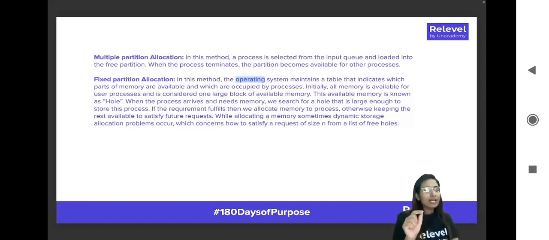Here the allocation is done dynamically, where the size of the partition is not declared in the start. Whenever a process arrives, a partition of the size equal to the size of the process is created and allocated to the process. So the size of every partition is equal to the size of the process.